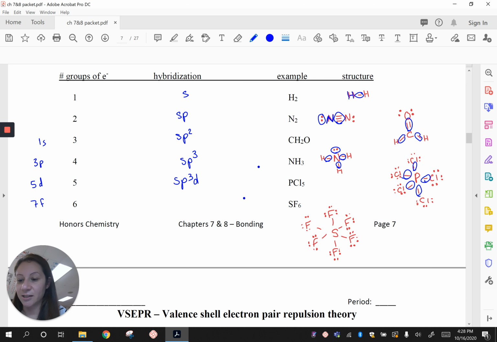Okay, SF6. Again, a weird one. SF6 is actually a pretty cool gas. It's a very, very dense gas. It's almost the opposite of helium. You know how if you inhale helium, your voice gets really, really high? If you were to inhale SF6, your voice would get really, really deep and really, really low. If you look at Schoology, the folder that says fun videos, I have a couple of fun videos about sulfur hexafluoride.